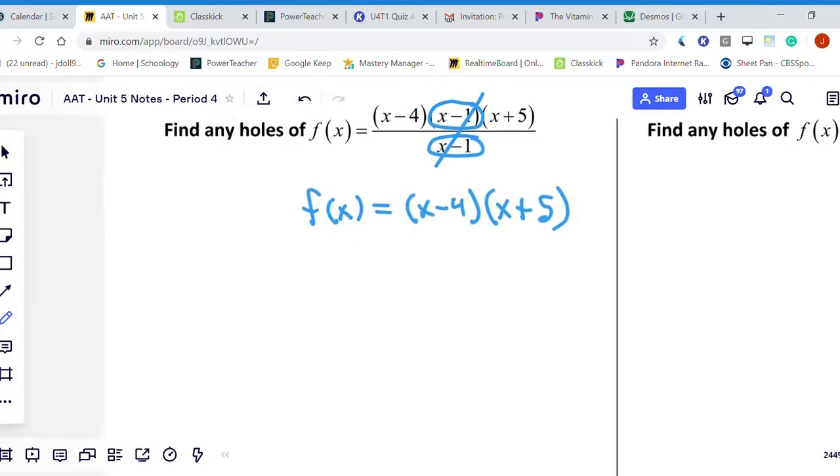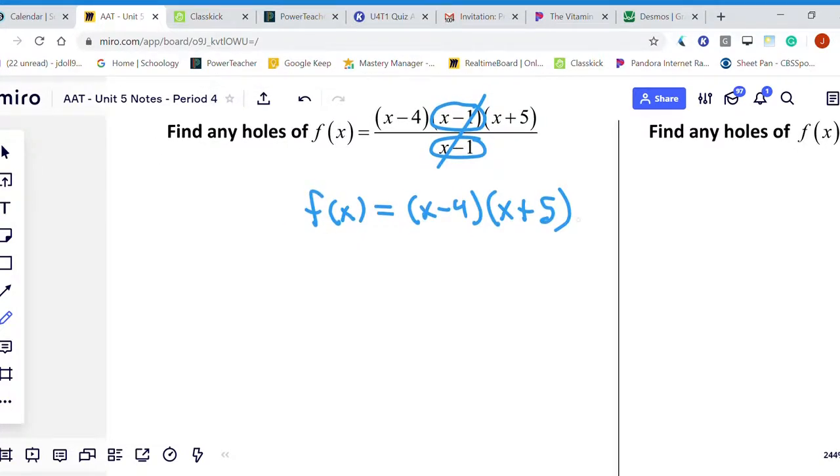That's what creates a hole algebraically. So here's how we go about this. We're going to take what was canceled out of the denominator and set it equal to 0, essentially trying to find the value that, if you plugged it into the original equation, would make the denominator 0 and cause the function to be undefined, right?